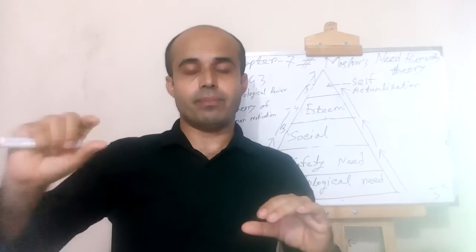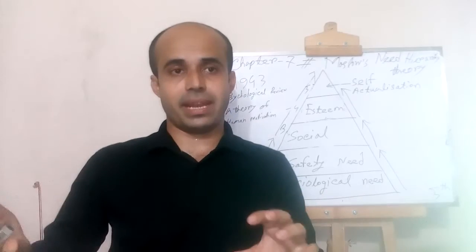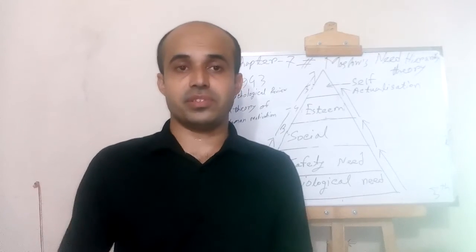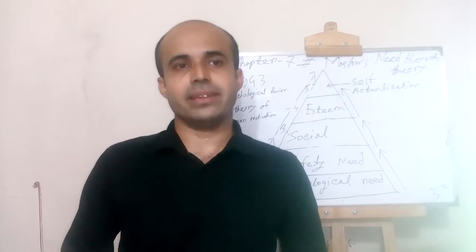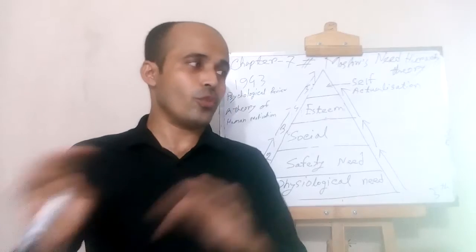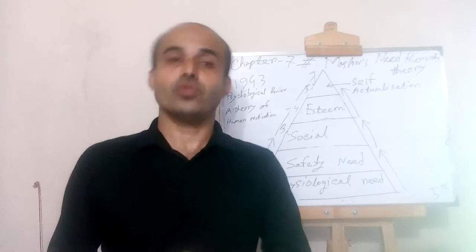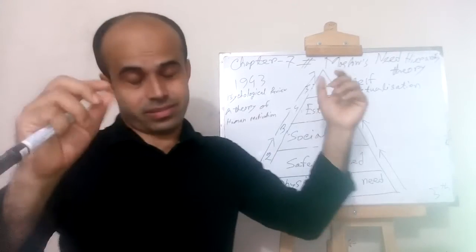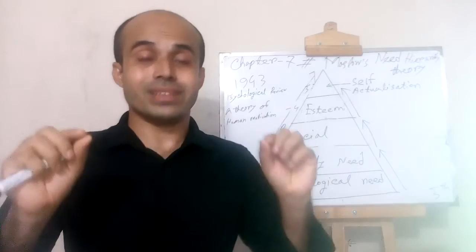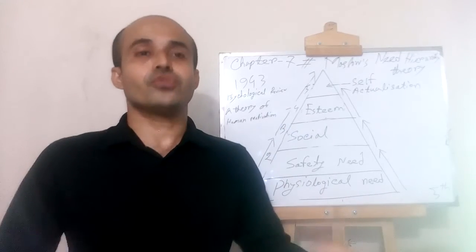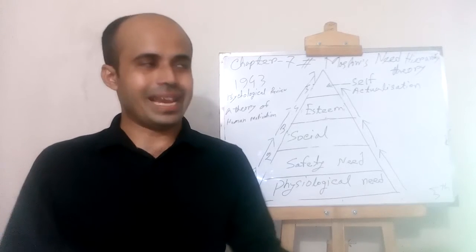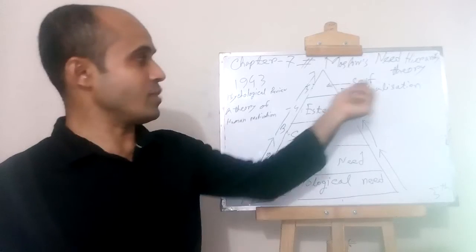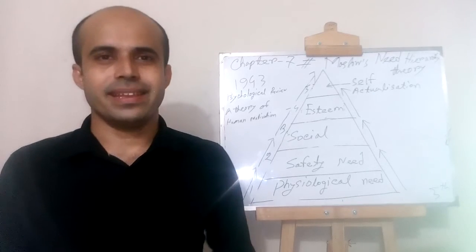If I donate some money for the poor people, for education, for food, for any types of activities, the world will remember me with honor. That is why that person was or will be thirsty to get attention, to get social recognition, and that is why self-actualization is done.